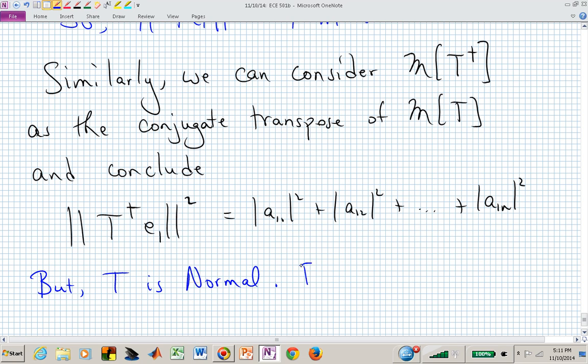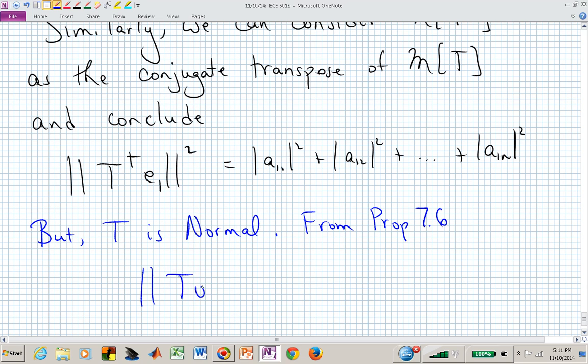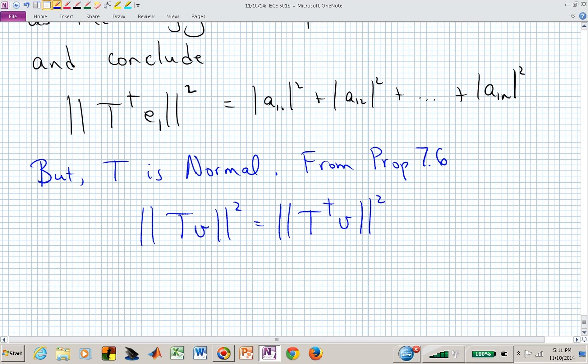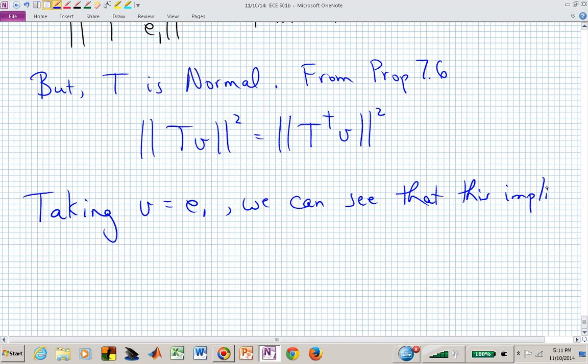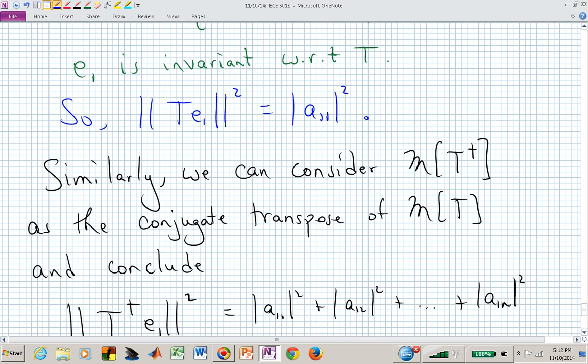But T is normal, so from proposition 6 in chapter 7 we know that the norm of TV squared is equal to the norm of T dagger V squared, and that was true for any V. If we now take V to actually be E1, we can see that this implies that the norm of TE1 squared must equal the norm of T dagger E1 squared, or the absolute value of A11 squared equals this sum of absolute values.